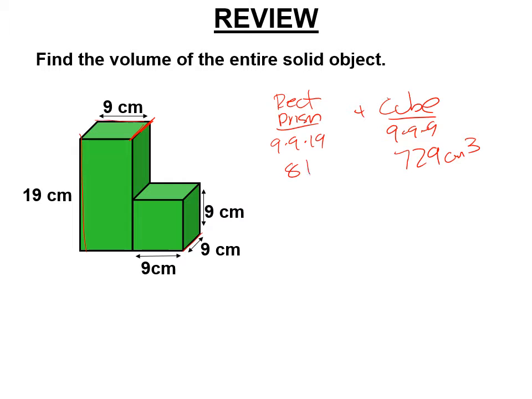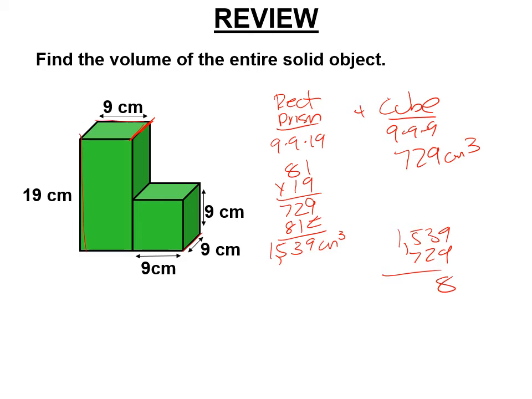So it's 9 times 9 is 81 times 19. 972, step over 81, 9, 3, 1,539 cubic centimeters, but we got to add those two together to get the total volume. And 5 and 6 and 12 and 2,268 cubic centimeters.